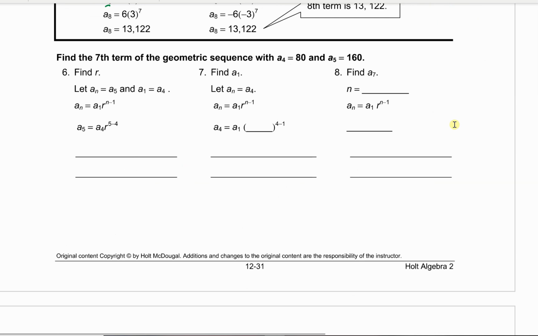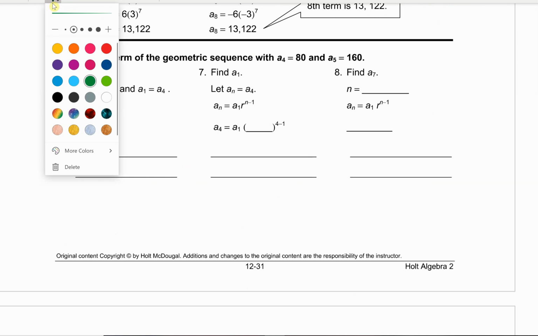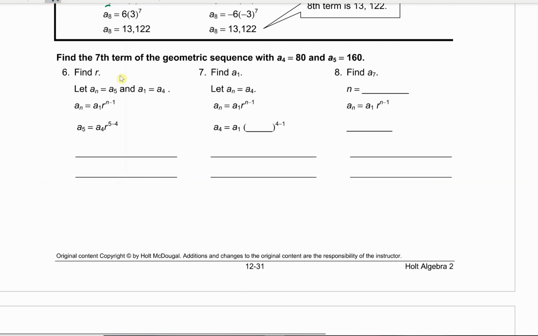All right, so let's try it together. Let's see. They are looking for the 7th term. A4 is 80, A5 is 160. So AN is A1 times R to the n minus 1. First of all, let's find R. So we'll plug in what we know.